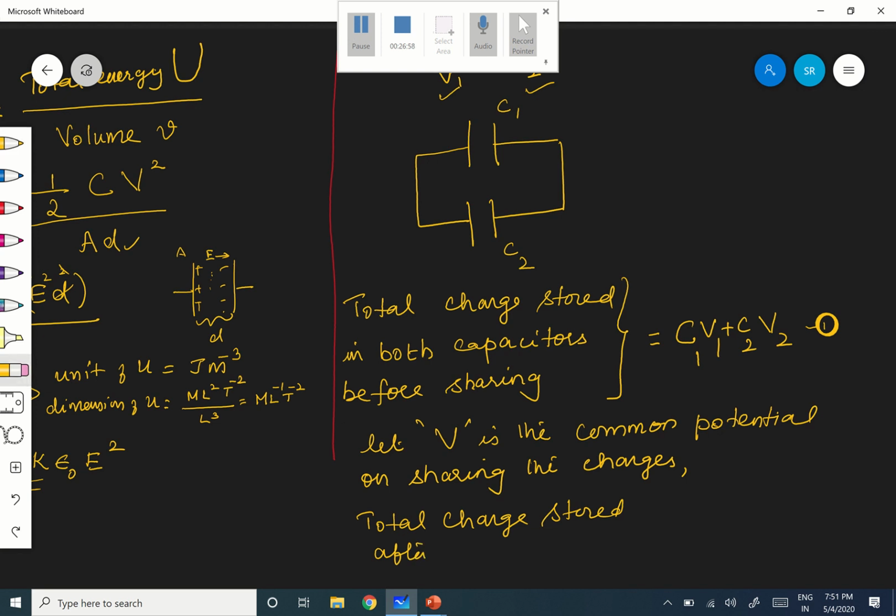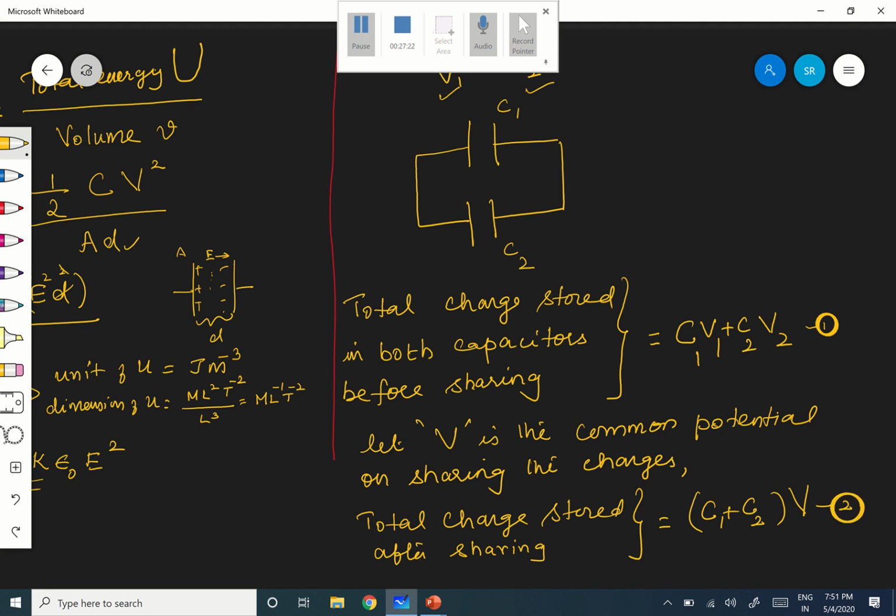Now they are in parallel. Parallel connection means the capacitance is C1 plus C2, correct? And what is the potential here? Capital V, that is the common potential.